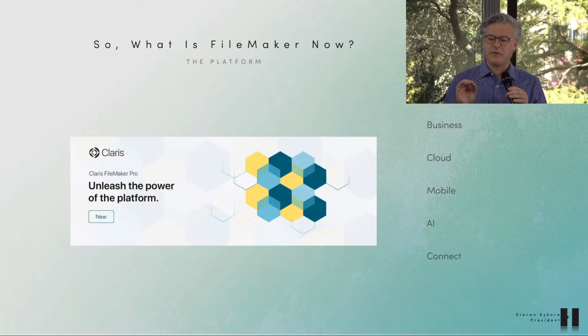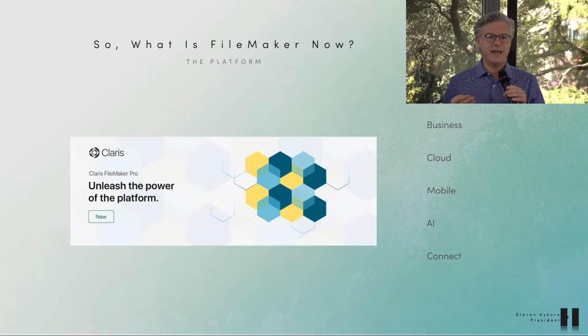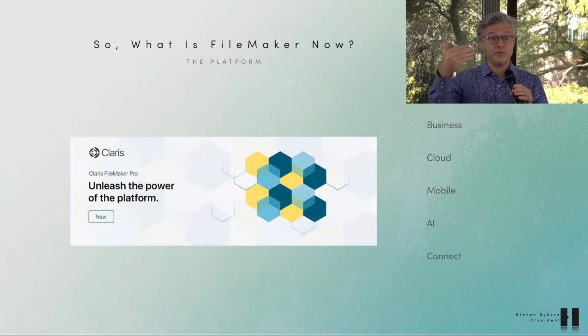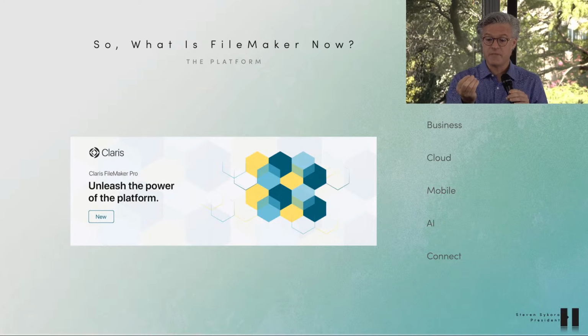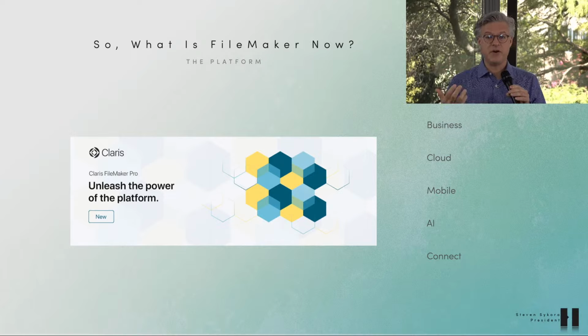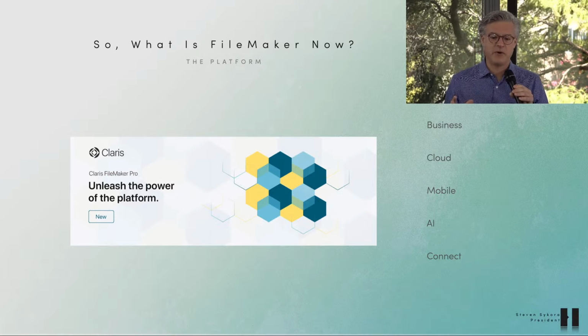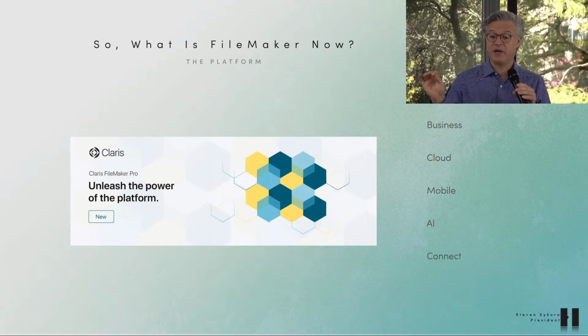To talk about those, I want to point out what Claris said in their marketing when they released FileMaker 19 back on May 20th. Talking about their platform, of course, FileMaker had the year before brought out the concept of a workforce innovation platform as its kind of corner of the market. So as Claris inherited that, talking about their platform, they said, the Claris platform helps you create apps that make your business better.